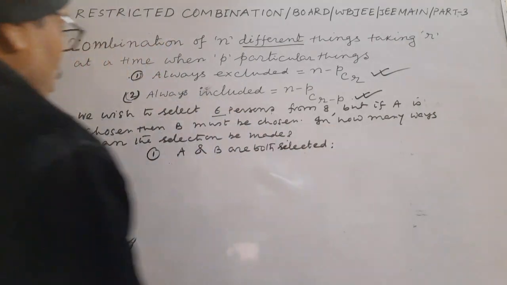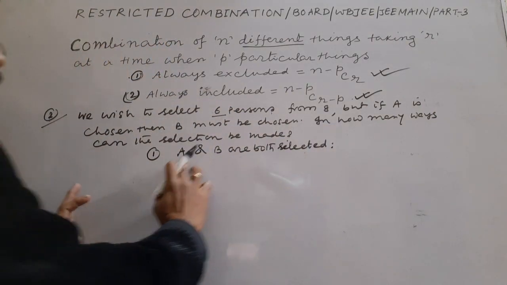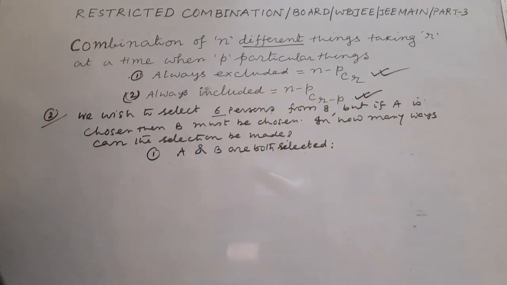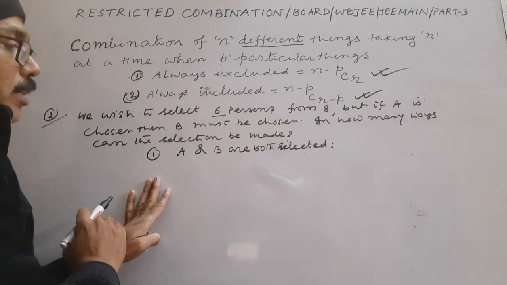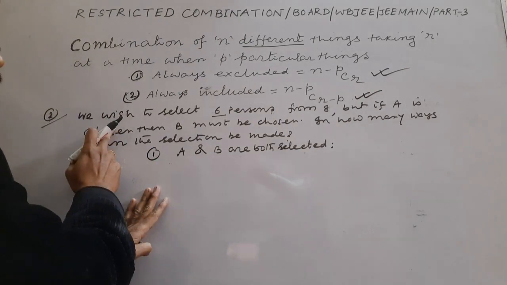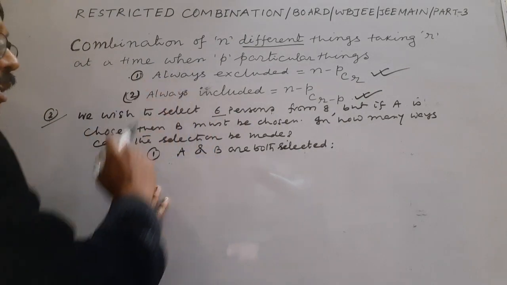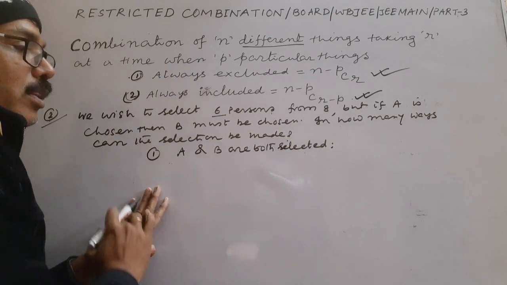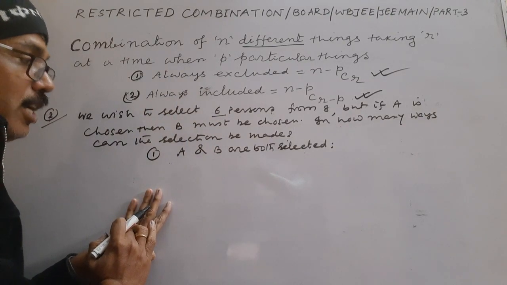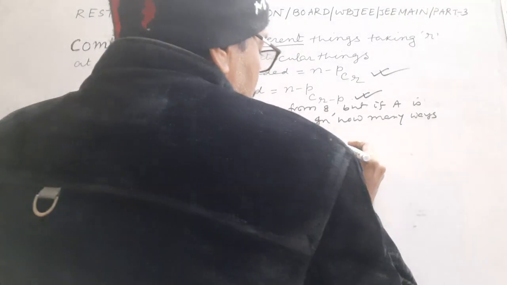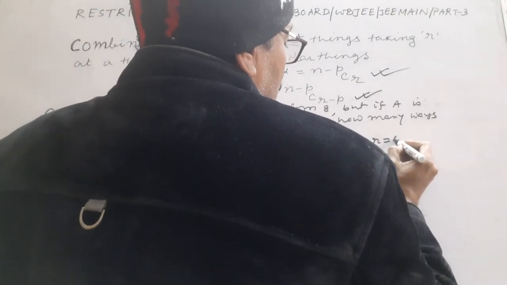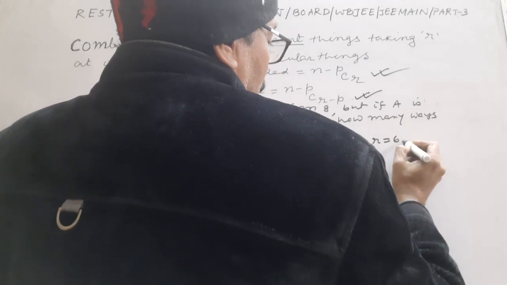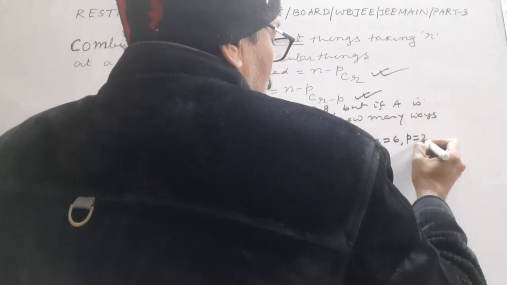So, according to the condition, A selected, B selected, our condition is satisfied. So, it is a problem of combination of 8 things, taking 6 at a time, when 2 particular things are always included. So, n equals 8, r equals 6, and p equals 2.